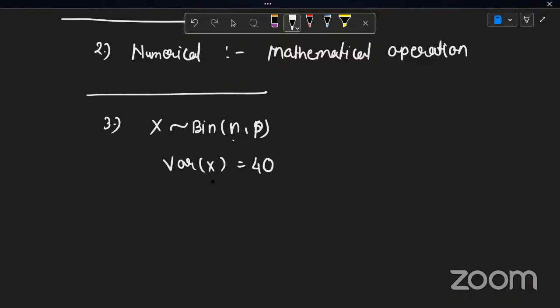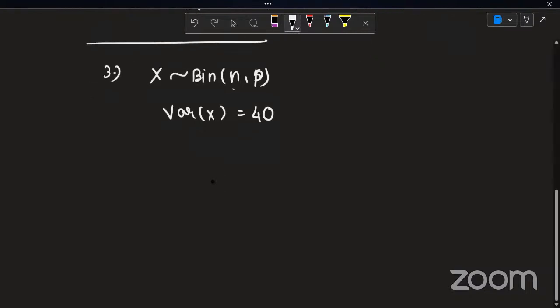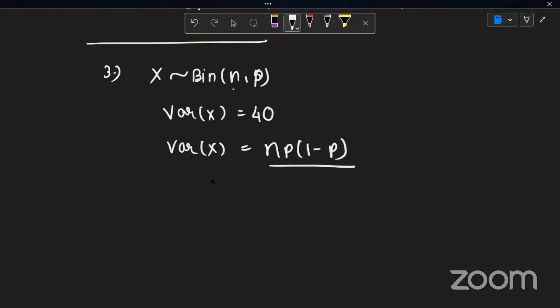In general, how do we write the variance of a binomial random variable X in terms of n and p? np into (1 minus p), that is, np(1 minus p). Then from this expression, can you give me where this variance will be maximum? It is given.